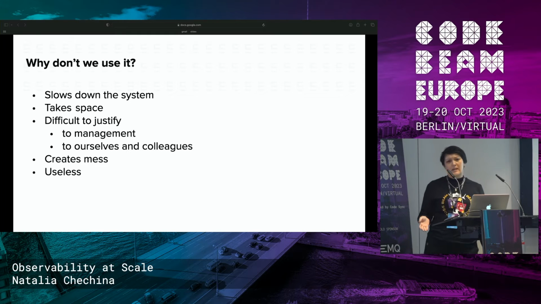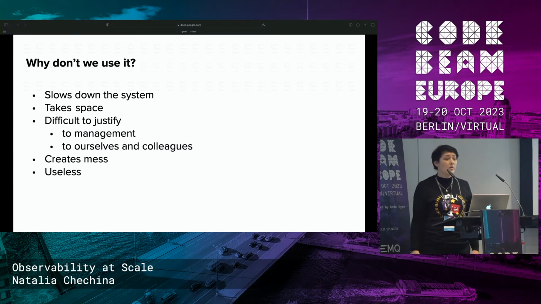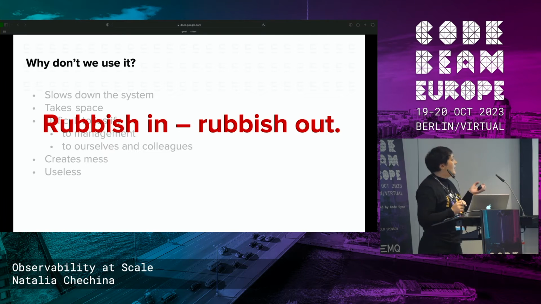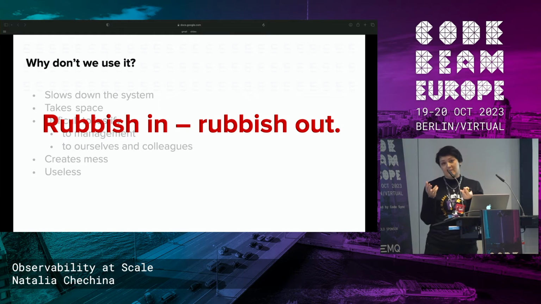We put them in, and they create mess, right? So the code becomes unreadable. It's really difficult to work with them. And essentially, when the time comes, it's just such a mess, we don't use them anyway. So the thing is that observability needs to be designed, right?